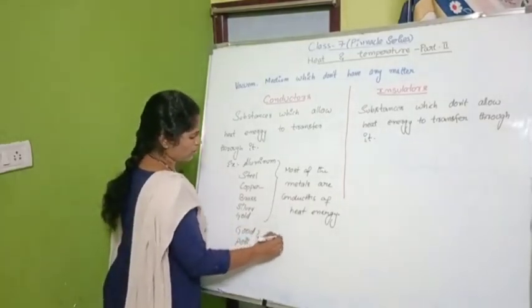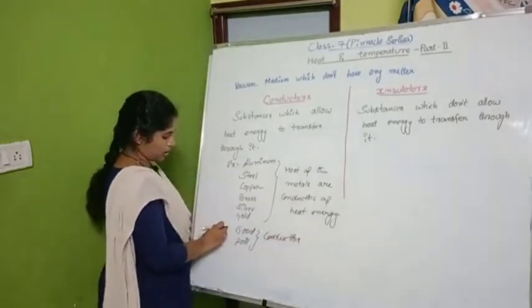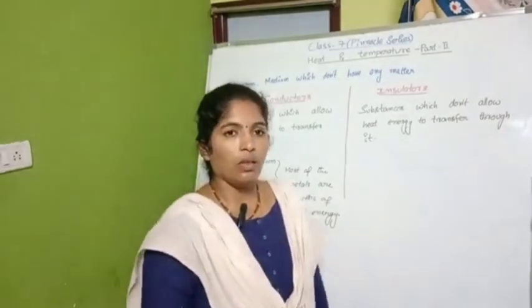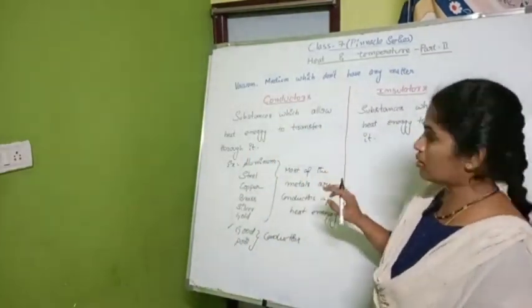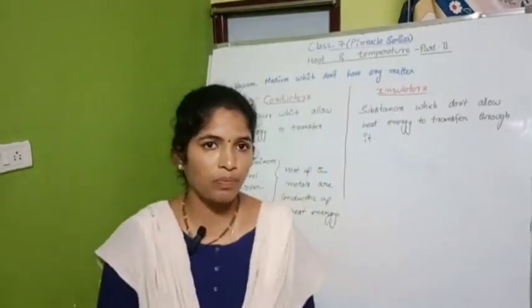That means they allow the heat energy, but the good conductors allow it fast, the poor conductors allow very less. But when we speak about the insulators, they will not allow the heat energy to pass through it.